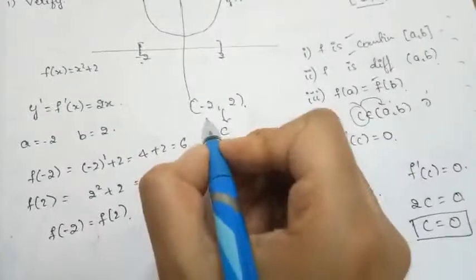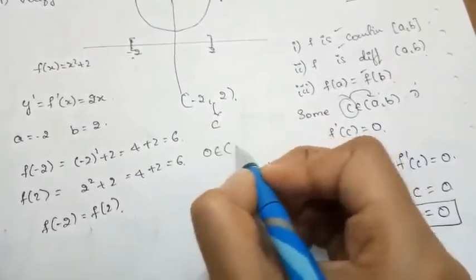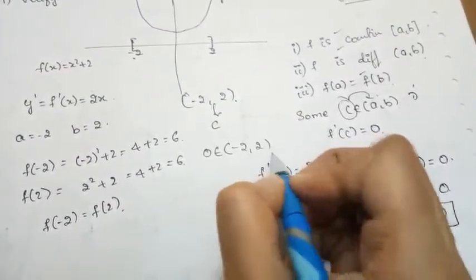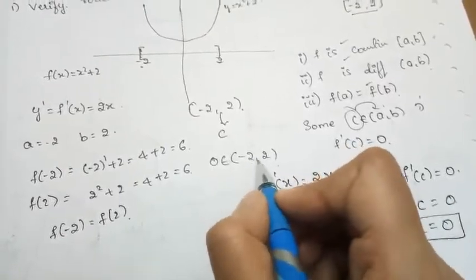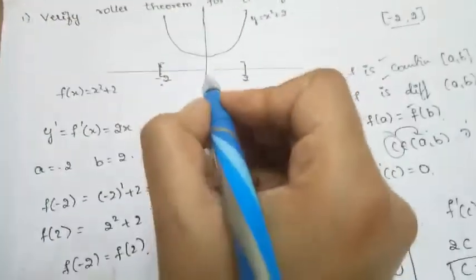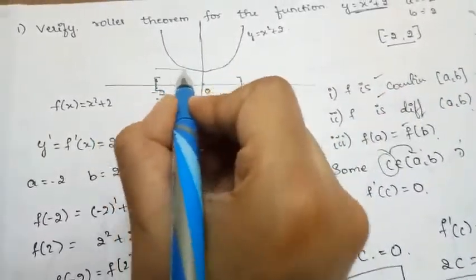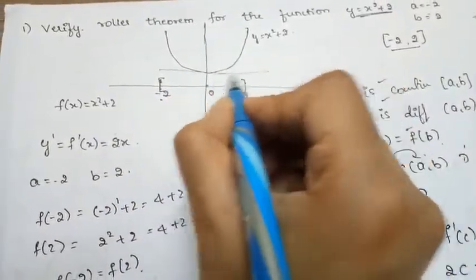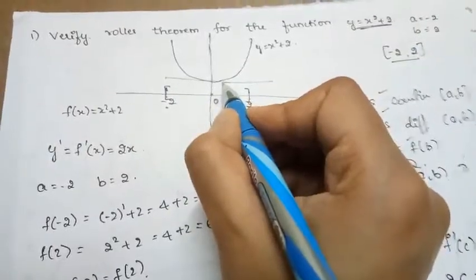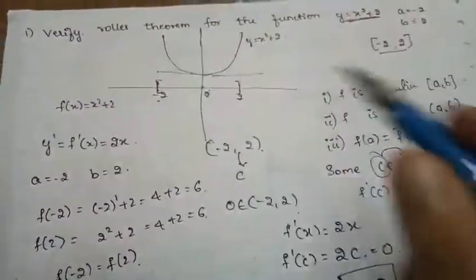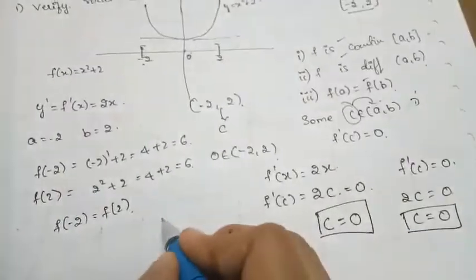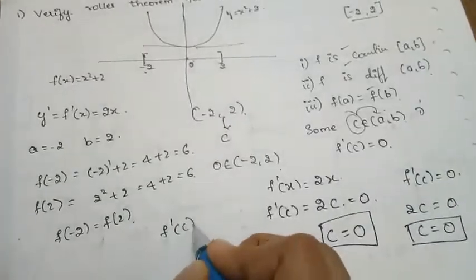So 0 is a point which is belonging to the open interval minus 2 comma 2. So at this point 0 we can draw the tangent to this curve such that this tangent is parallel to the x-axis, or we can say it in another way, such that f dash of c is equal to 0.